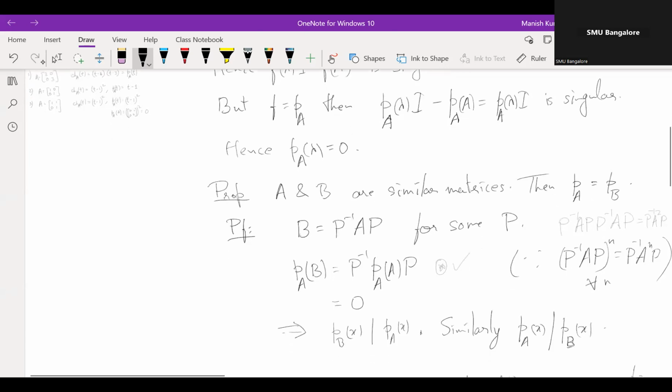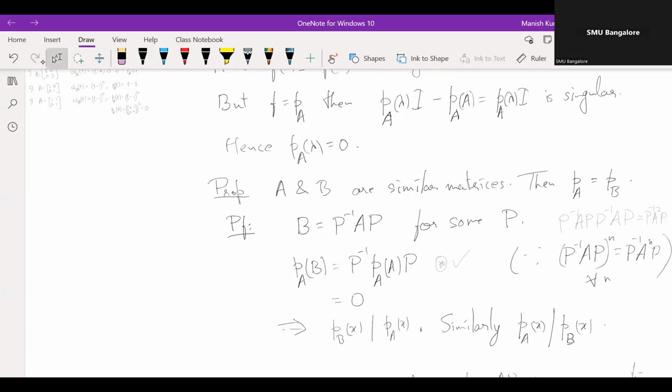Since P_A(B) is 0, the minimal polynomial of B must divide the minimal polynomial of A, because of the result which we proved first today. So P_B(x) divides P_A(x), because P_B(x) divides every polynomial which is satisfied by B. Similarly, you'll get P_A(x) divides P_B(x), and hence they are the same.